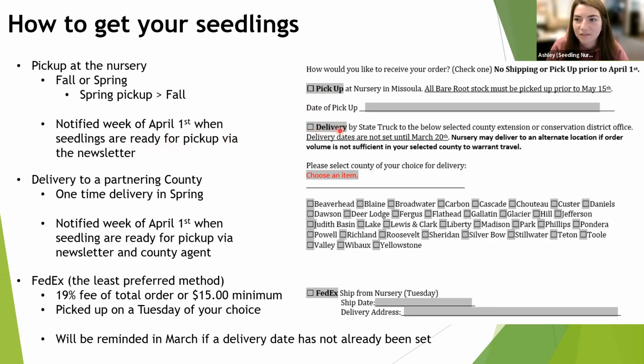And for delivery, you'll check the delivery box and indicate the county that you want your seedlings to go to. The week of April 1st, you'll also be notified in that same newsletter when the seedlings are ready for pickup, when they'll be delivered to that county, and then also the county agent will contact you.